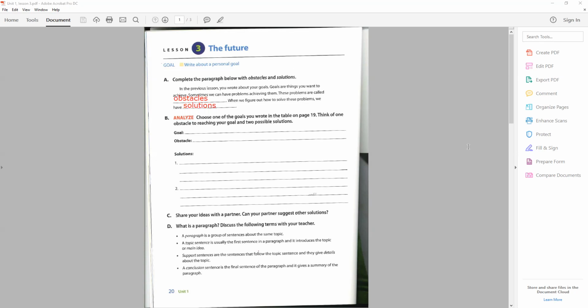So you're going to use that page 19 to look at your goals, okay? I only need one goal, okay? But for that goal, I need you to write an obstacle, okay? You know, a problem that keeps you from achieving your goal. After you determine the obstacle, I want you to write 2 solutions for that. So one thing that keeps you from achieving that goal, and then 2 possible solutions for that goal.